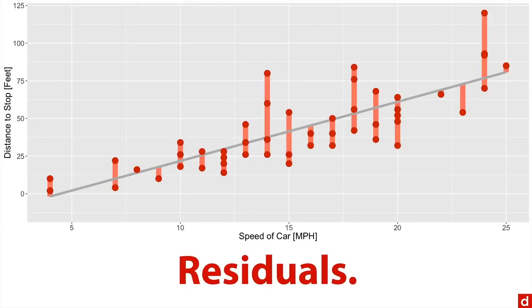Each of those individual vertical lines is a residual. You square those and you add them up, and this regression line, the gray angled line here, will have the smallest sum of squared residuals of any possible straight line that you can run through it.